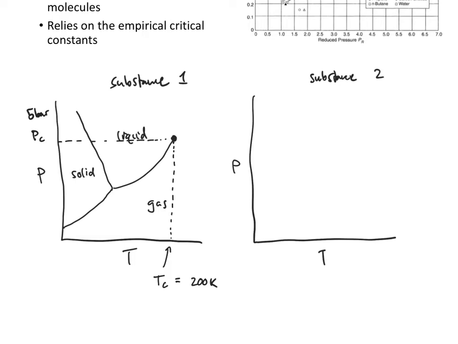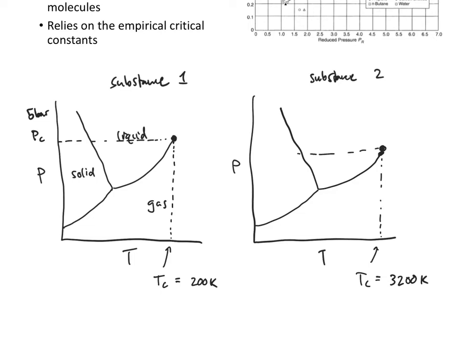Okay, then moving over here to substance 2, I'm going to write down its phase diagram, and it looks very much the same. It's got all the same phases, just like the other one. But of course, because it's a different substance, it's going to have a different critical temperature. So let's say that its critical temperature is 3,200 Kelvin.